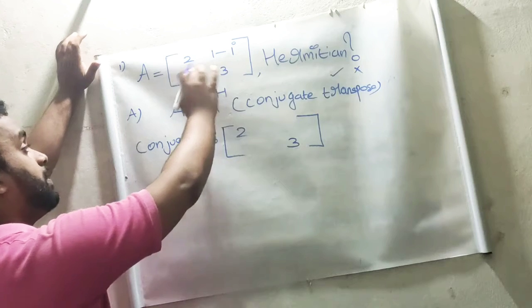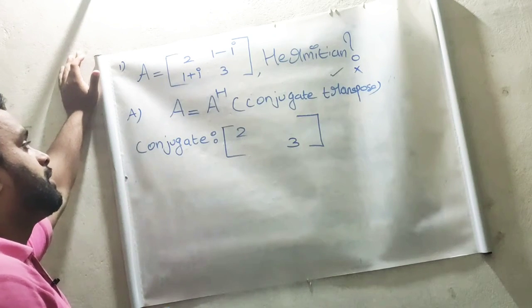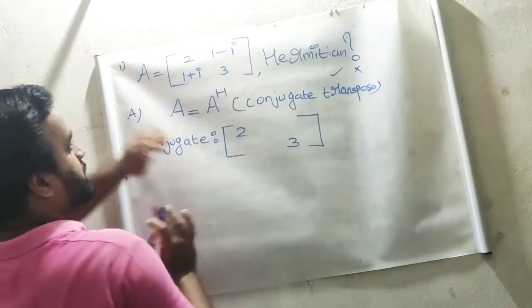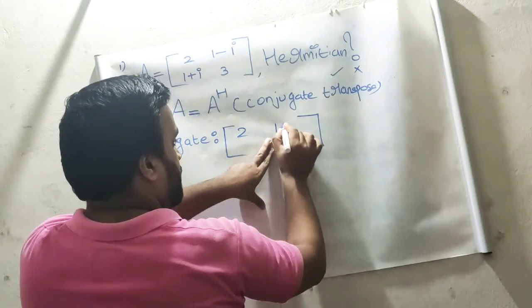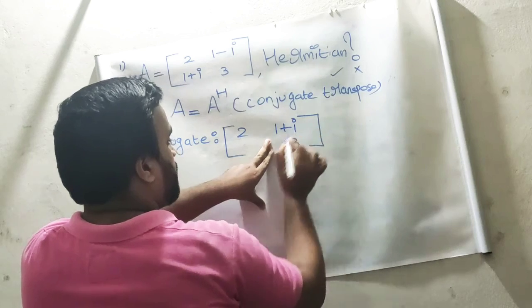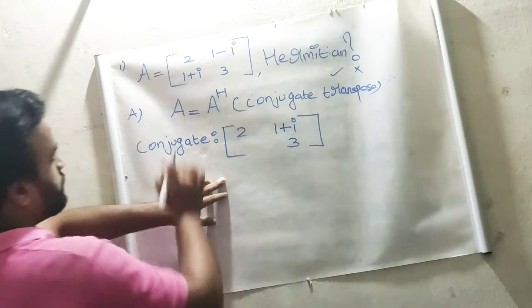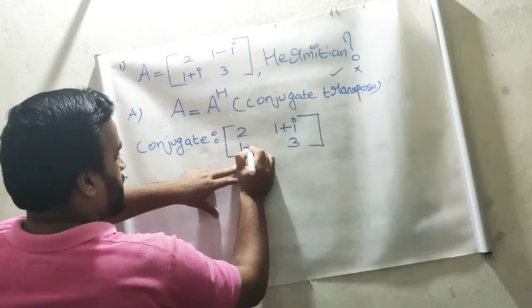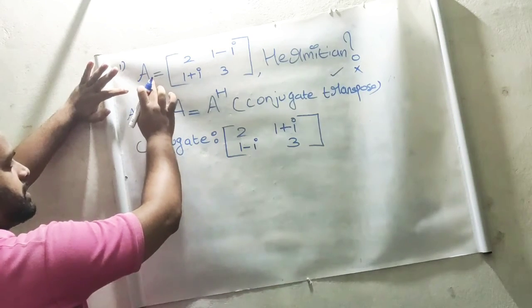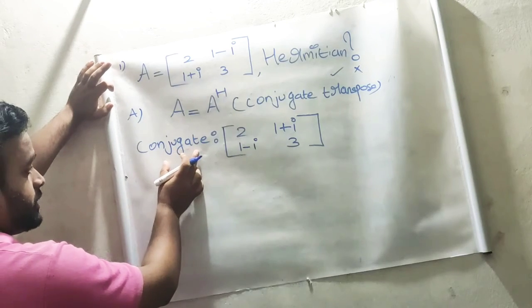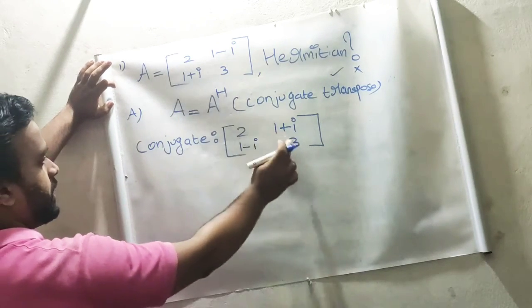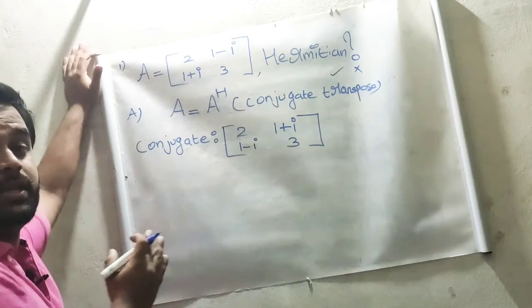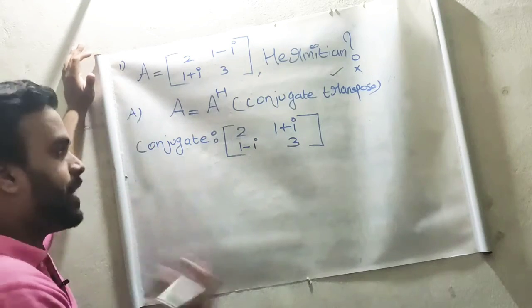So we take the opposite sign. 1 minus i becomes 1 plus i, and 1 plus i becomes 1 minus i. This is the conjugate of matrix A.